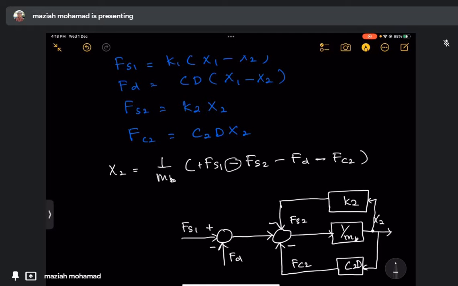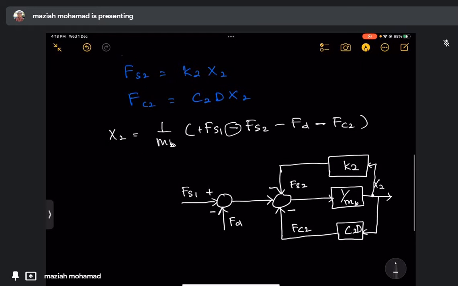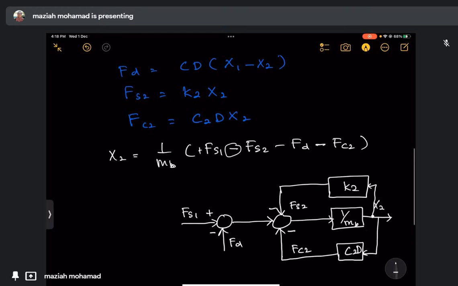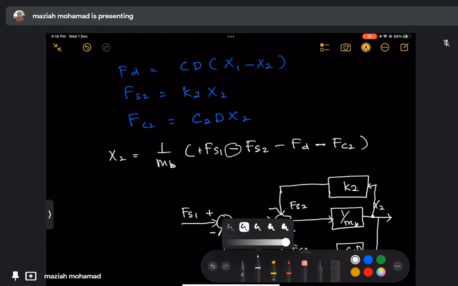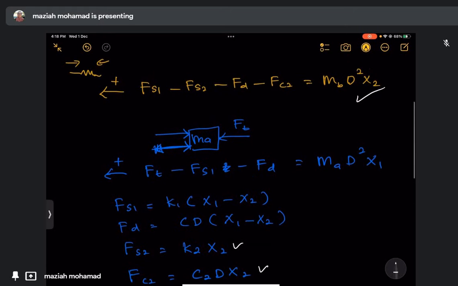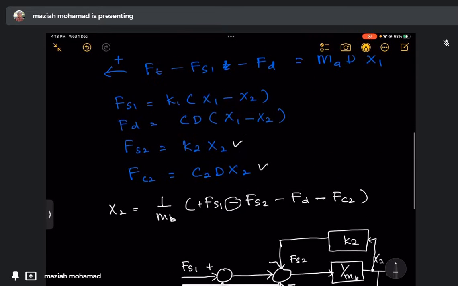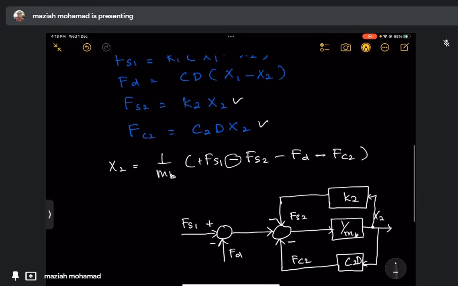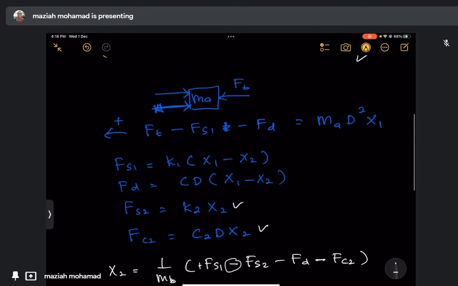Okay. All right. So we already used this one, and this equation. All right. Now we need to solve for FS1. Let's use this equation here.